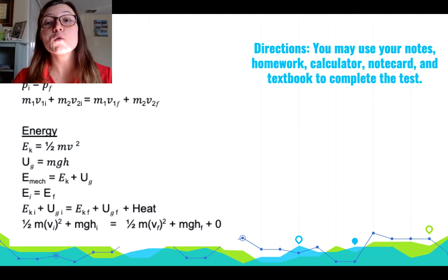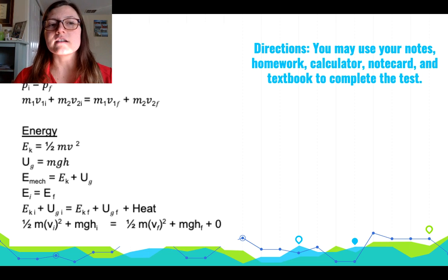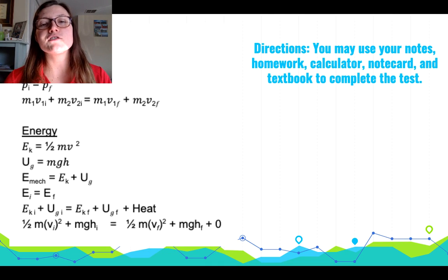If you, for some reason, lost your note card, there is an emergency list of equations here on the slide for momentum and energy. Due to our situation, you are allowed to use your notes, your homework, your calculator, your note card, and your textbook to complete the test.